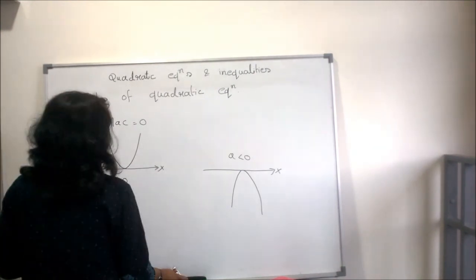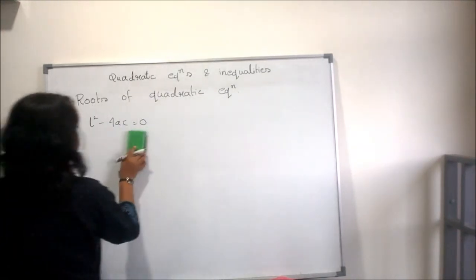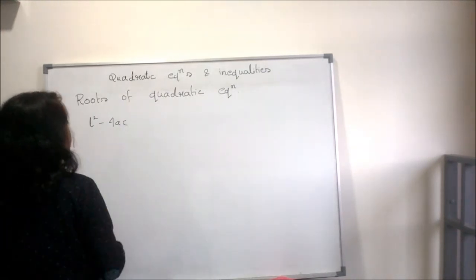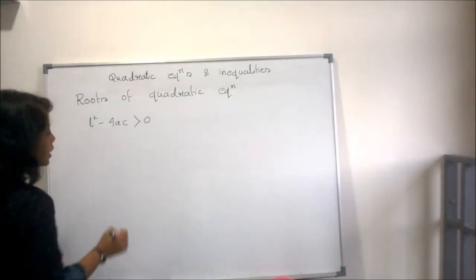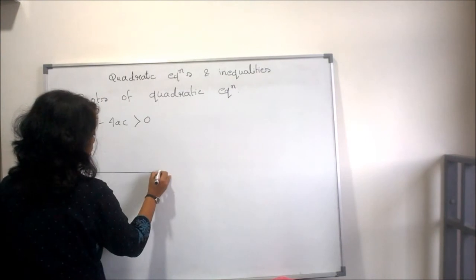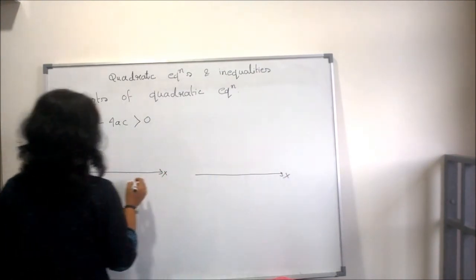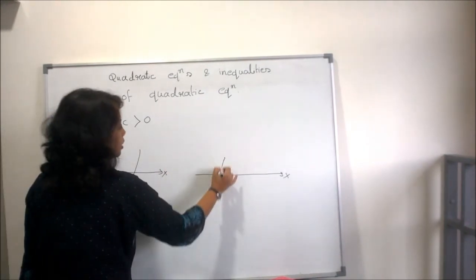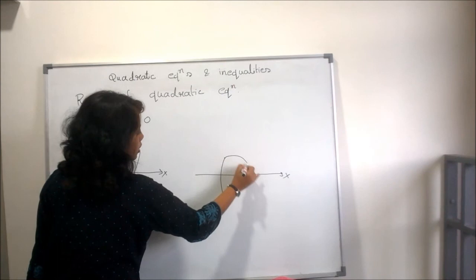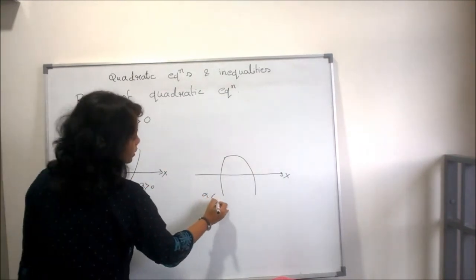Okay. The next one, b² − 4ac, that means the discriminant is greater than 0. In that case, our graph will be either in this form or in this form.